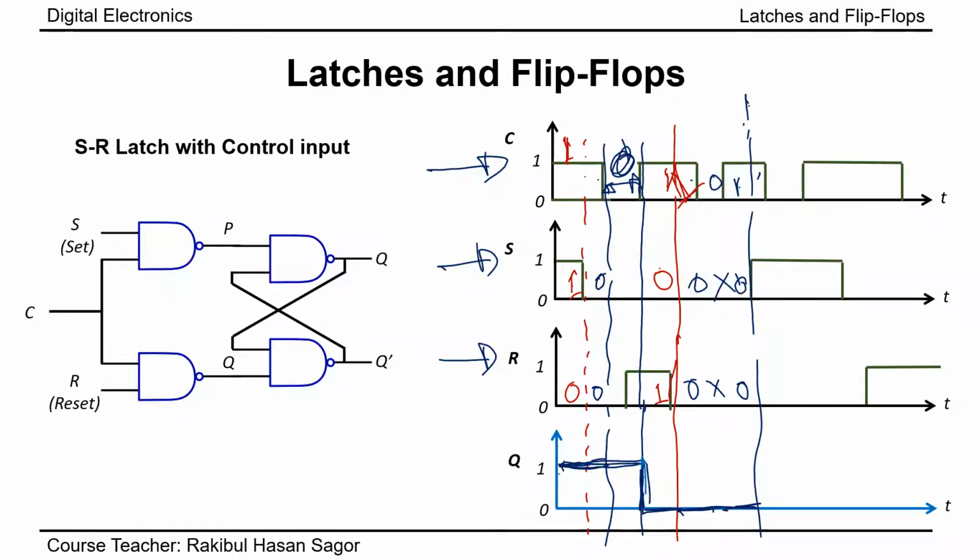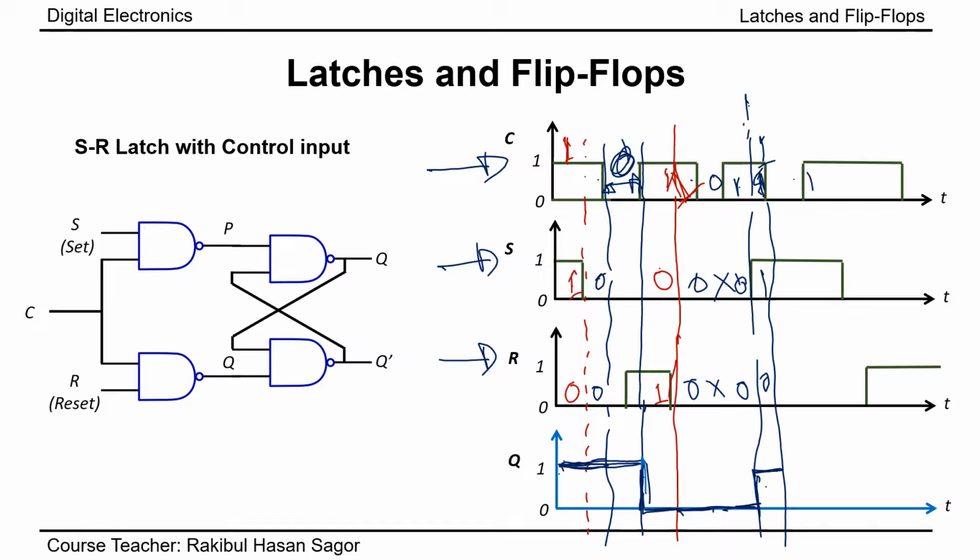Here for this small portion, control signal is equal to 1. Let's draw 1 here. Set 1, reset 0, set 1, reset 0. So the circuit will go in set mode.